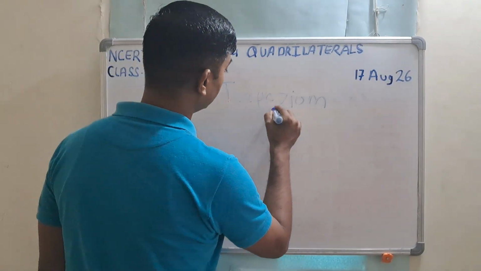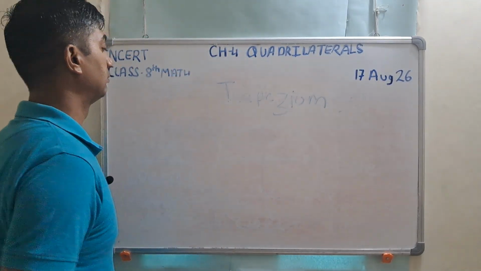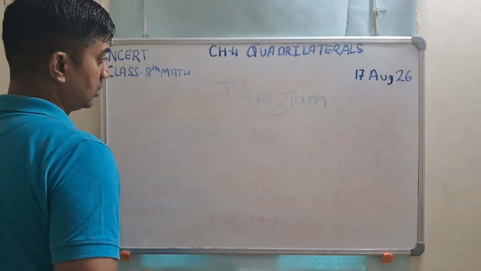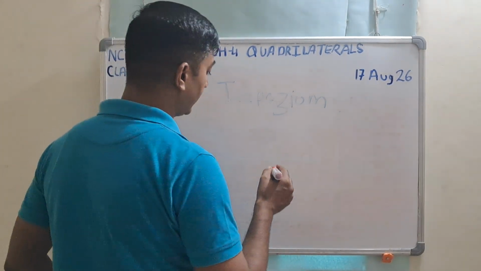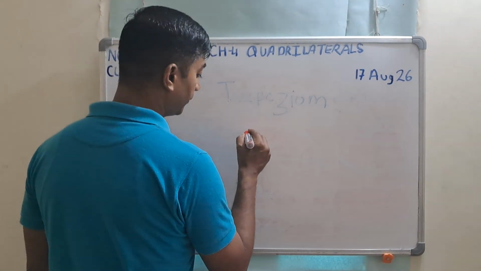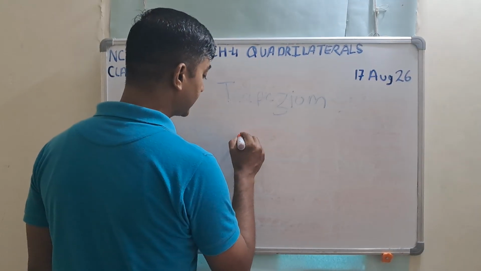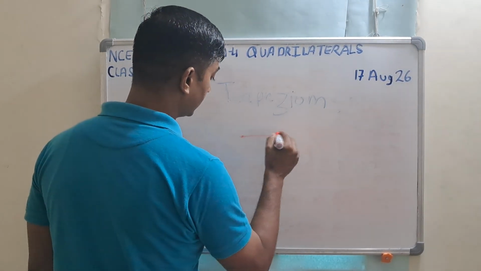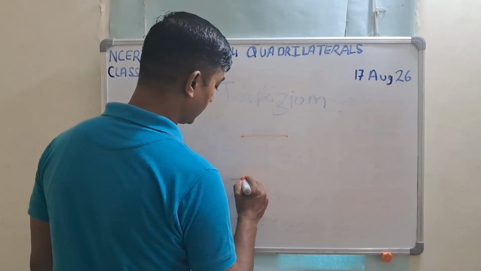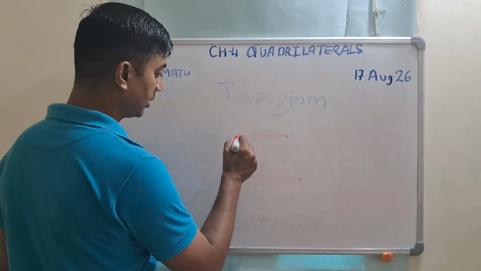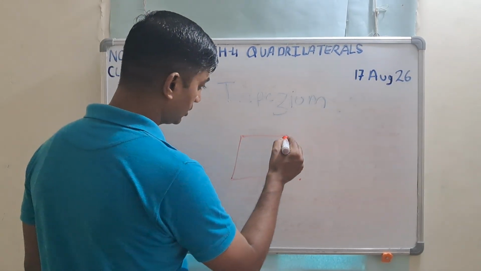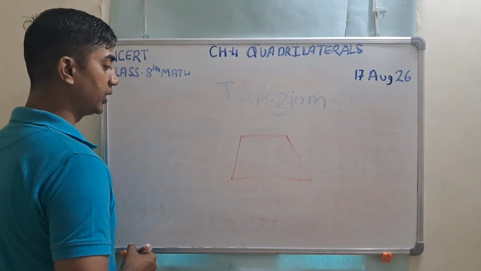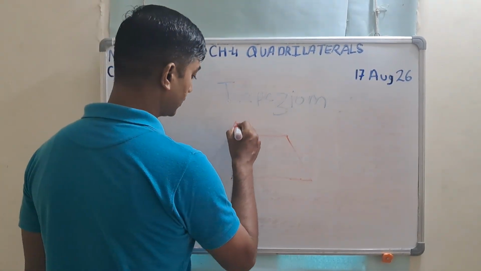What is a trapezium? A quadrilateral having only one set of opposite sides parallel is a trapezium. Means if these two lines are parallel and we simply join these two lines, this is the figure of a trapezium.